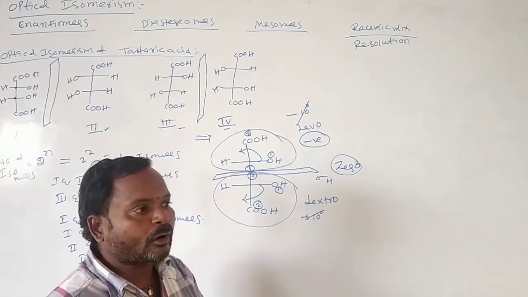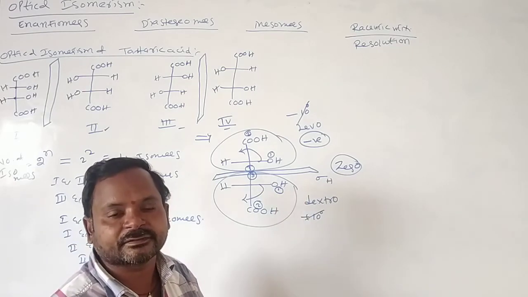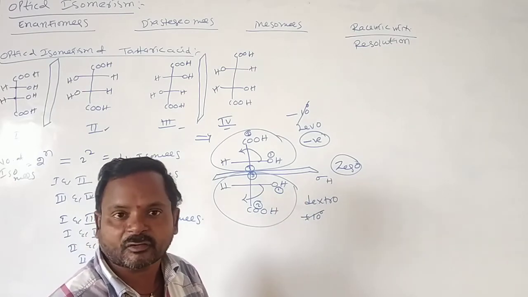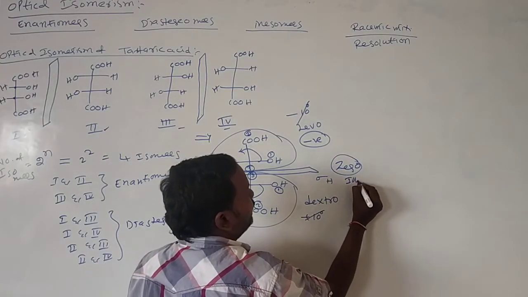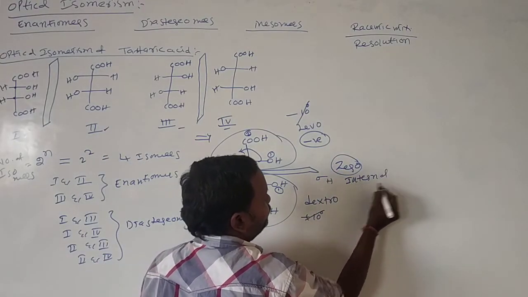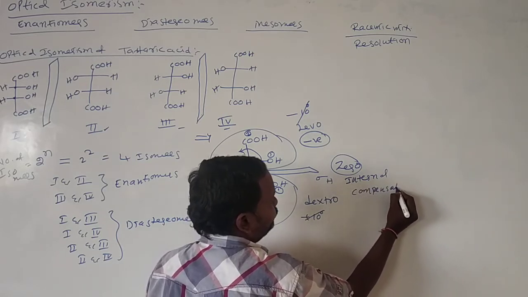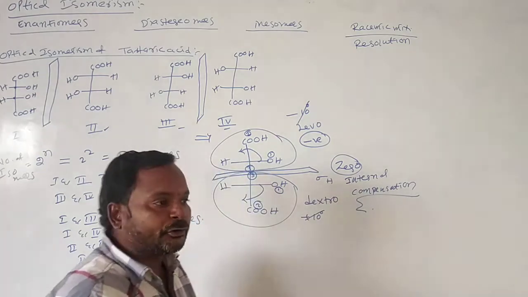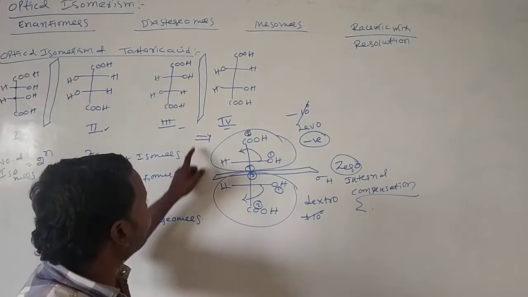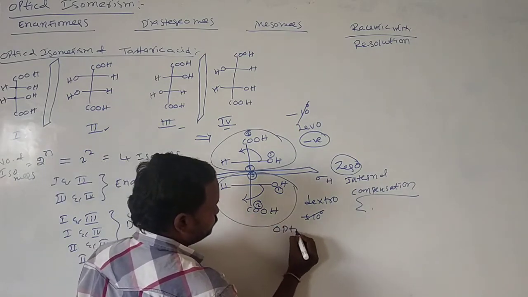Then the dextro rotation of one half is cancelled by the levo rotation of the other half. This concept is called internal compensation. Due to internal compensation, the molecule is optically inactive.